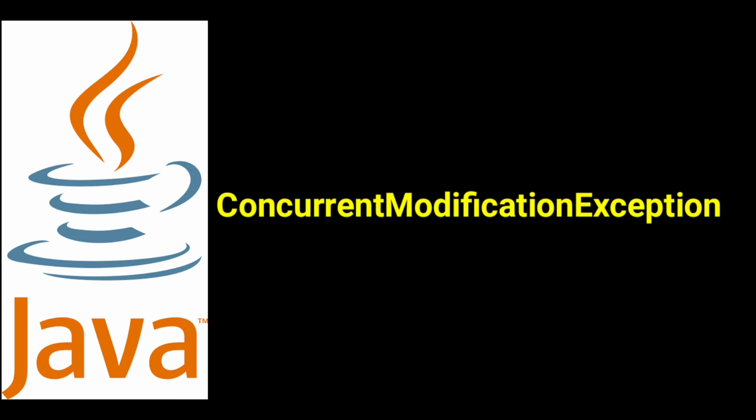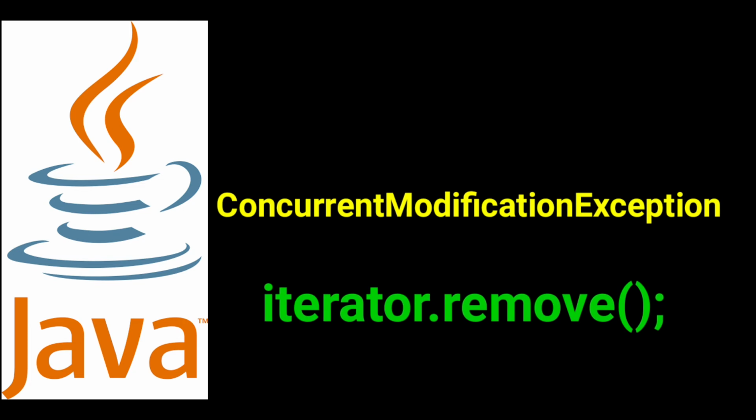So the right way to remove objects from an ArrayList while iterating over it is by using the iterator remove method instead of the ArrayList remove method.